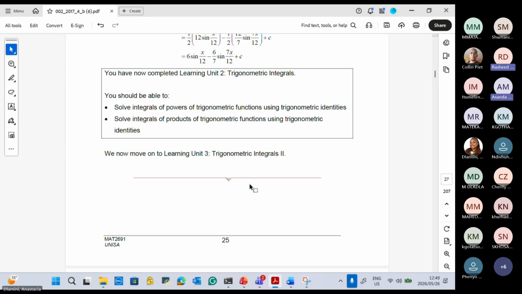So, ma'am, do we explain it in terms of math? Yeah, let's do it in maths. I think it'll be easier.